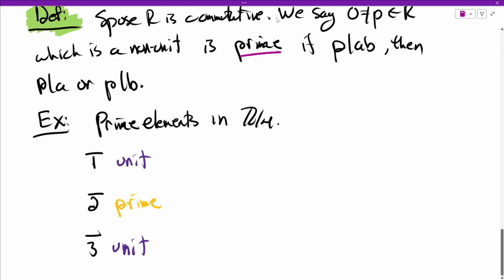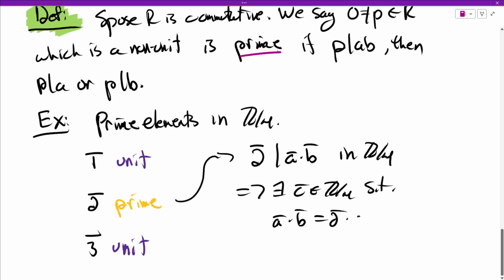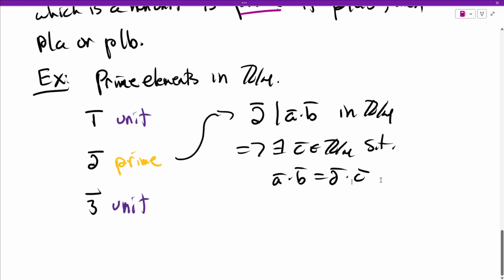And let's go through how one might show that. All right. So let's suppose 2 divides a product in Z4. We need to show that 2 divides one of the terms in the product. Well, what does it mean to divide? Well, it means that there exists some other element of Z4 such that a bar b bar is 2 bar c bar. Great. Now what?